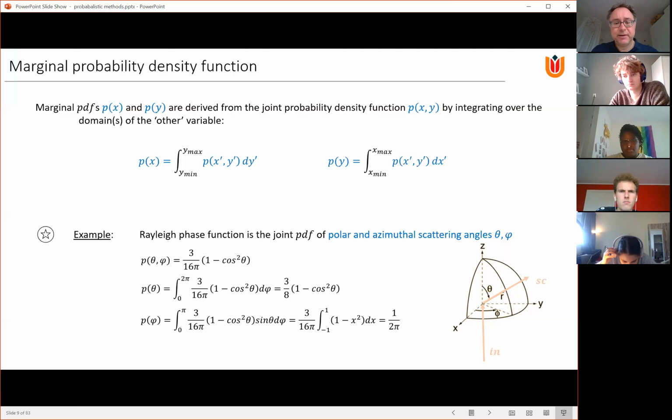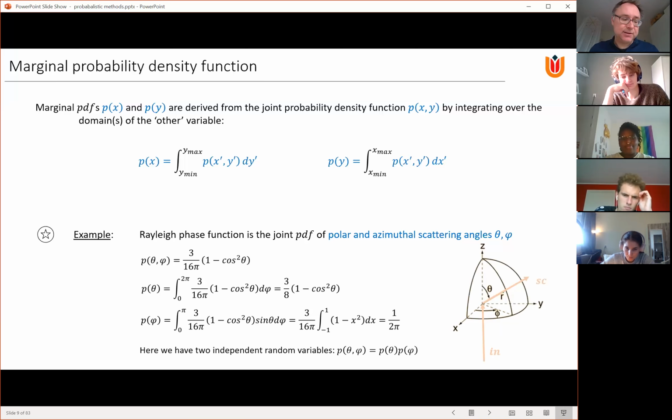Likewise, if you want to calculate the marginal probability density function for phi, then you would have to integrate over sine theta d theta from 0 to pi, and that would give you just a constant value 1/2 pi, which is of course consistent with the fact that there is no functional dependence in the original expression. All right, so far so good.